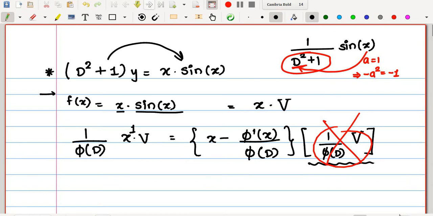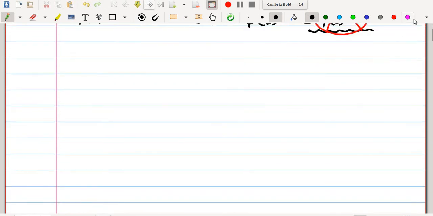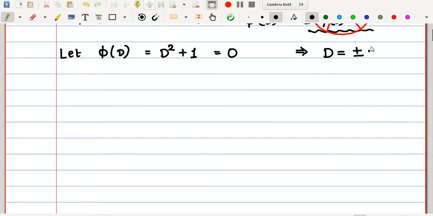So this is just the rough work that we are doing right now to identify the method of solving. So for the variation of parameters method, we first consider the auxiliary equation. The given auxiliary equation is D squared plus 1 equated to 0. So this implies the roots of the auxiliary equation are plus or minus i. Here the real part is absent but the imaginary part is equal to 1.